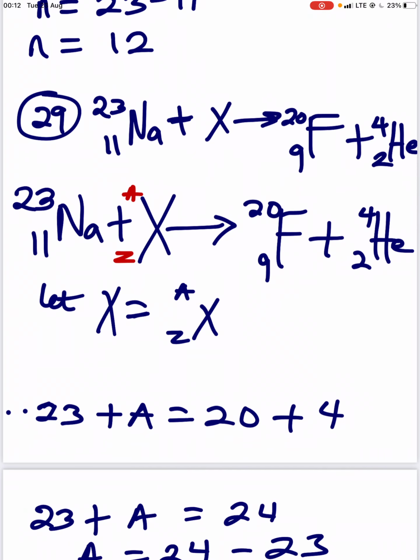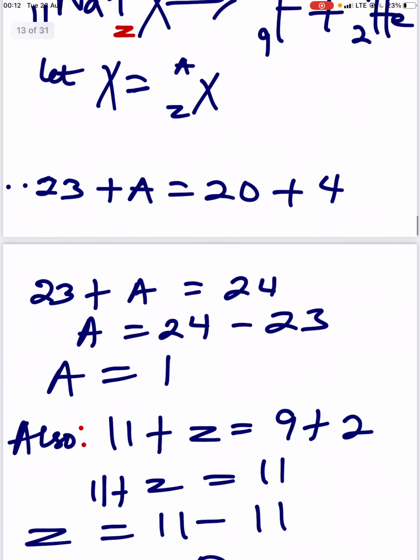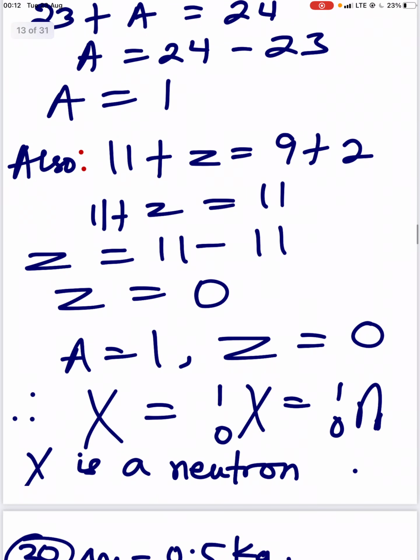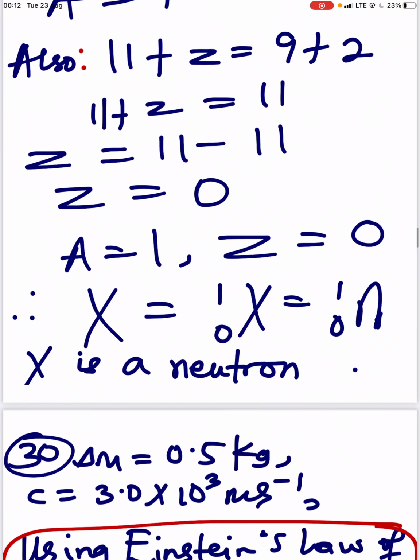So the sum of all the mass numbers on the left must be equal to the sum of all the mass numbers on the right. So that means 23 plus A must equal 20 plus 4. Similarly, the atomic numbers on the left, 11 and Z, when added must give you 9 plus 2. So that gives you 11 plus Z is equal to 9 plus 2. And that gives Z as 0.